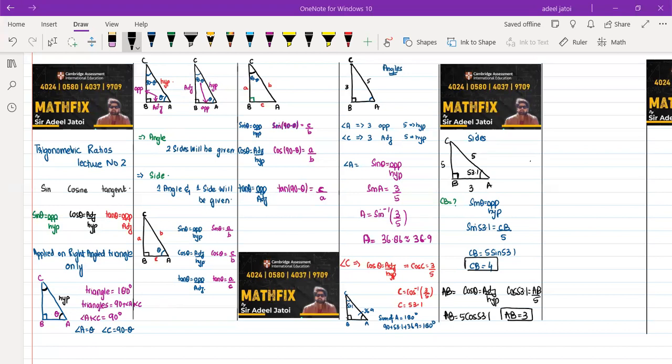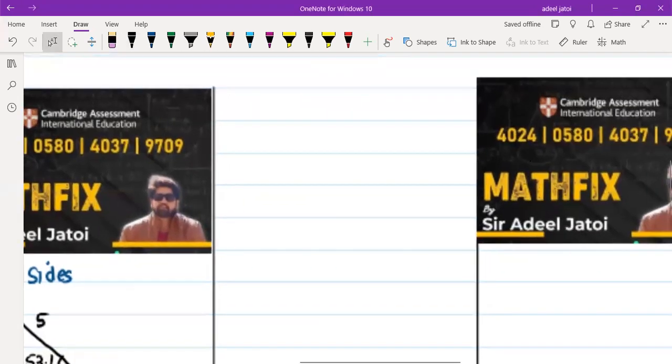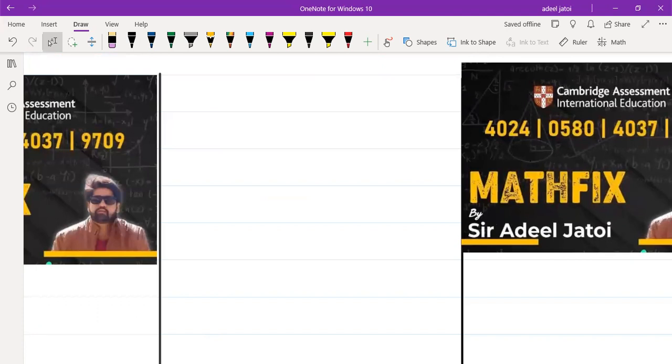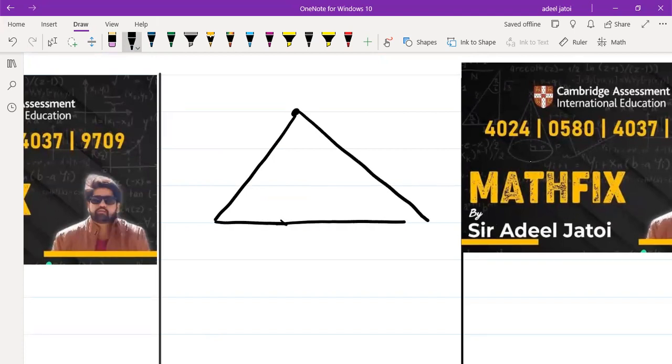Now, moving on to how this right angle triangle will involve the other triangles as well. Now, let's say that we have been given a triangle. And this is your triangle.